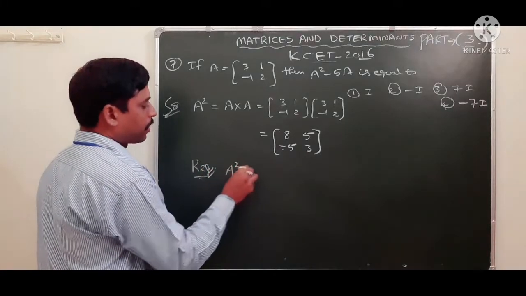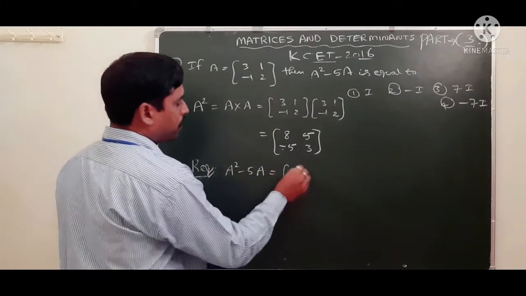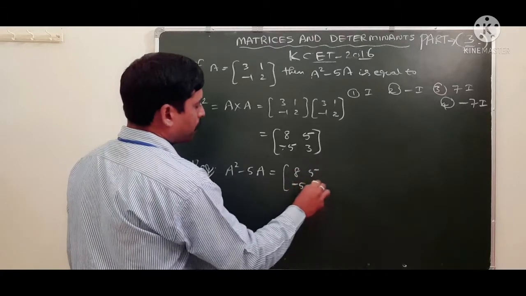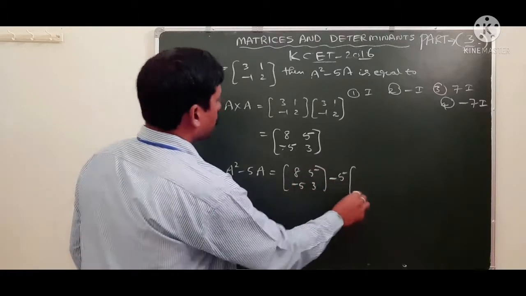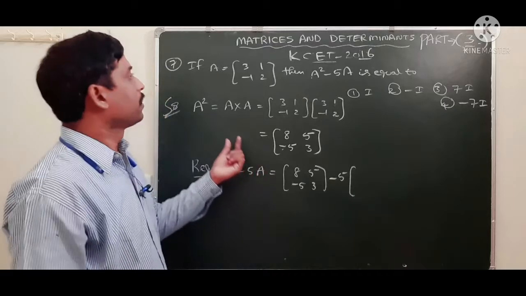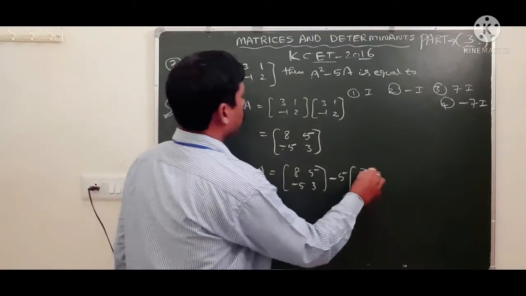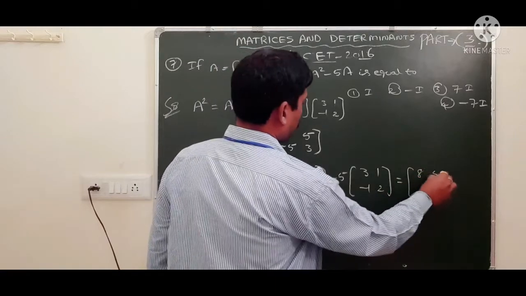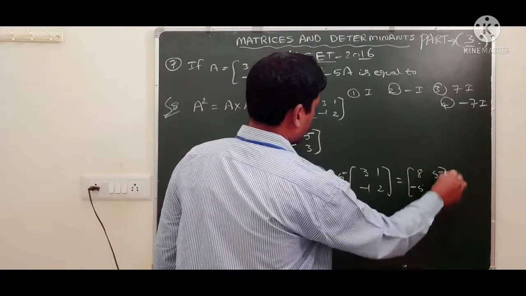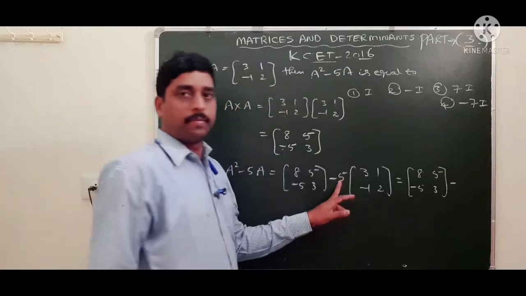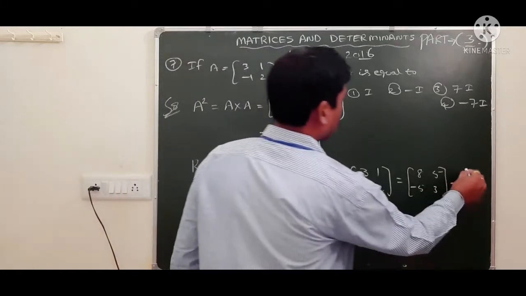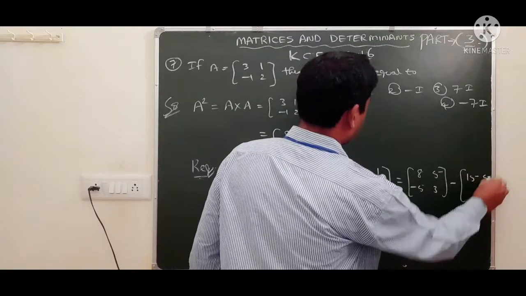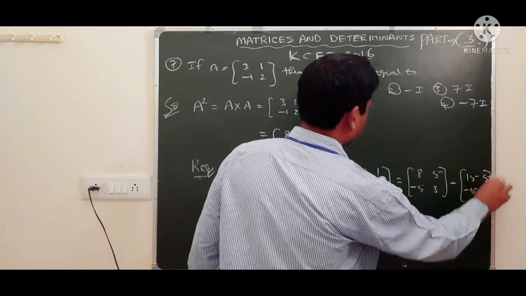A square minus 5A. The value of A square is 8, 5, minus 5, 3, minus 5 into the matrix A given. What is the matrix A given? 3, 1, minus 1, 2. So this will be 8, 5, minus 5, 3, minus this 5 multiplied to every element of this matrix: 15, 5, minus 5 and 10.